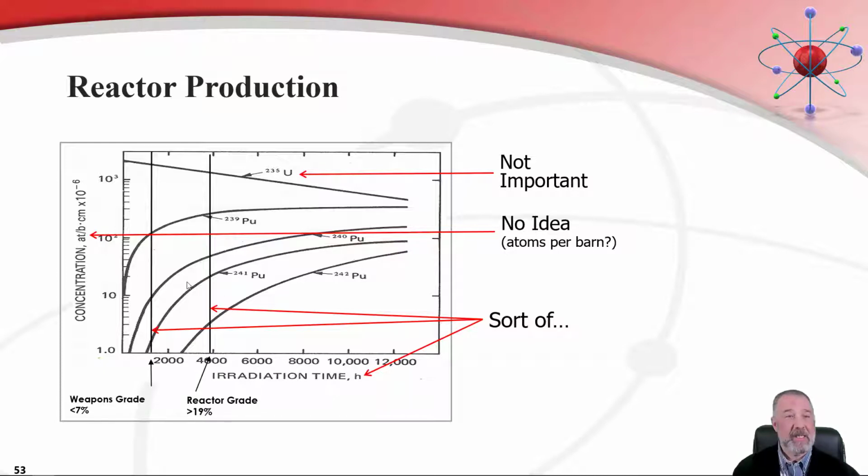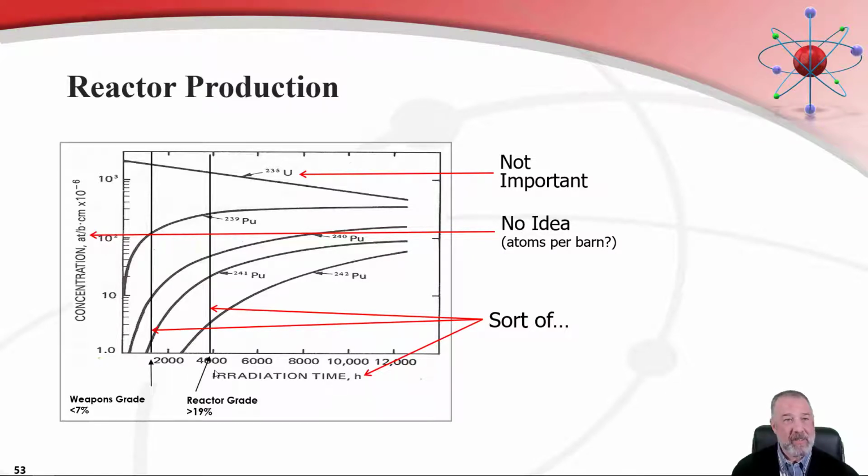Now, if we look at this in terms of percentages of what type of plutonium we have, you can see there are two vertical black lines where I make a delineation between something called weapons-grade plutonium, which is greater than 93% plutonium-239 and less than 7% of the rest of it, and then moving all the way over here to reactor grade, which is something that contains about 20% or more of the other isotopes.